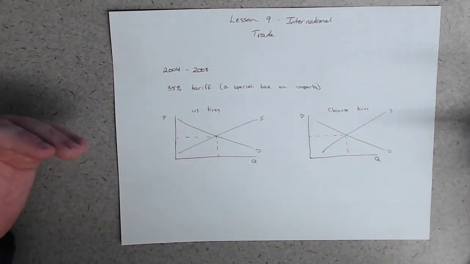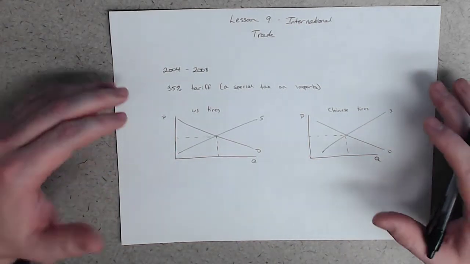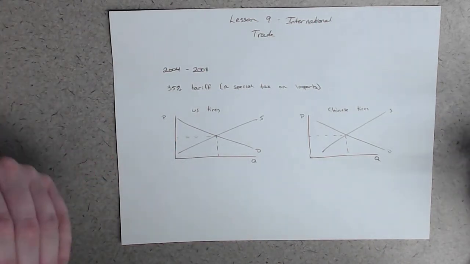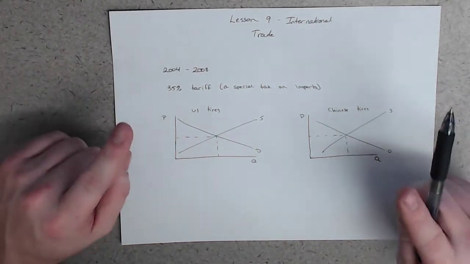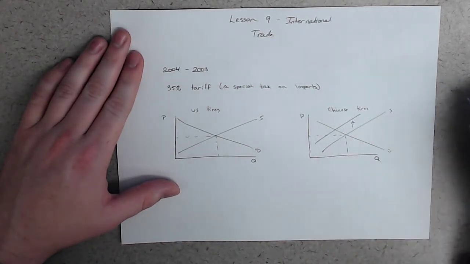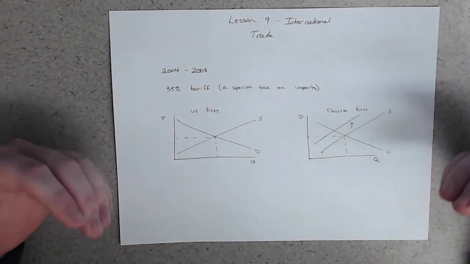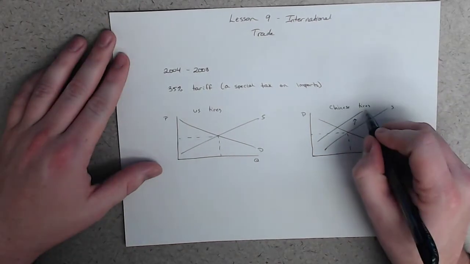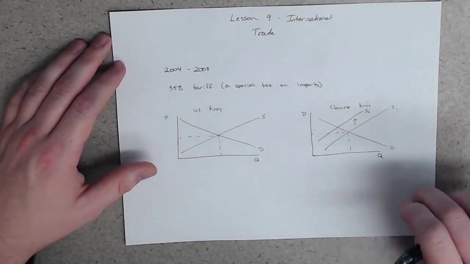Taxes are not something that we're going to be covering in this class in general, because their analysis ends up being a little bit confusing to some people, and it's not a lesson that I want to get into. But basically, with a tariff, we shift the supply curve up by the amount of the tariff. I'm not going to test you on that in this class, but this is how we do it. So the tariff tax actually does shift the supply curve up, not left, up.